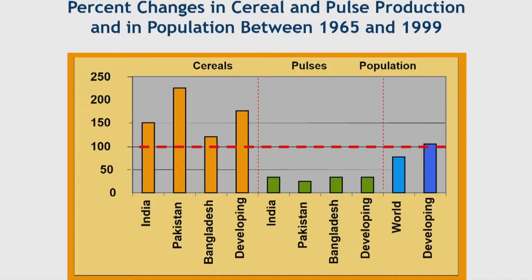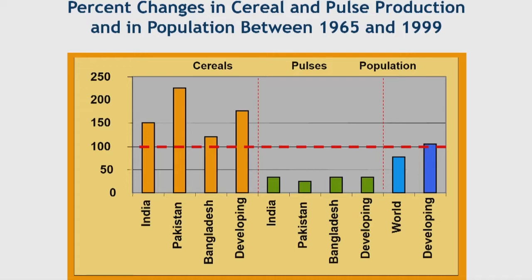It doubled. And back in the 60s, people were worried that we wouldn't have enough food. There would be widespread famine because they knew that population growth was coming. So we had what was called the Green Revolution. We raised the yields of rice and wheat and maize. And those orange bars show the success of that effort. Cereal production more than doubled during that period.